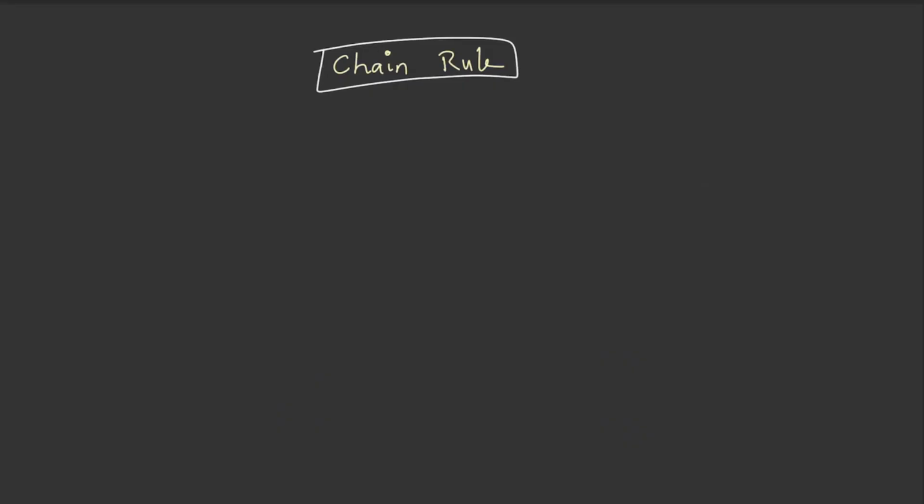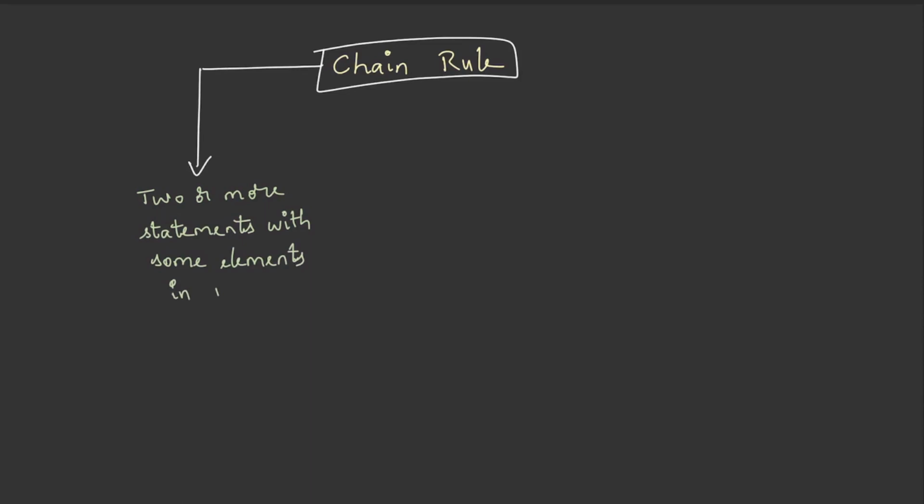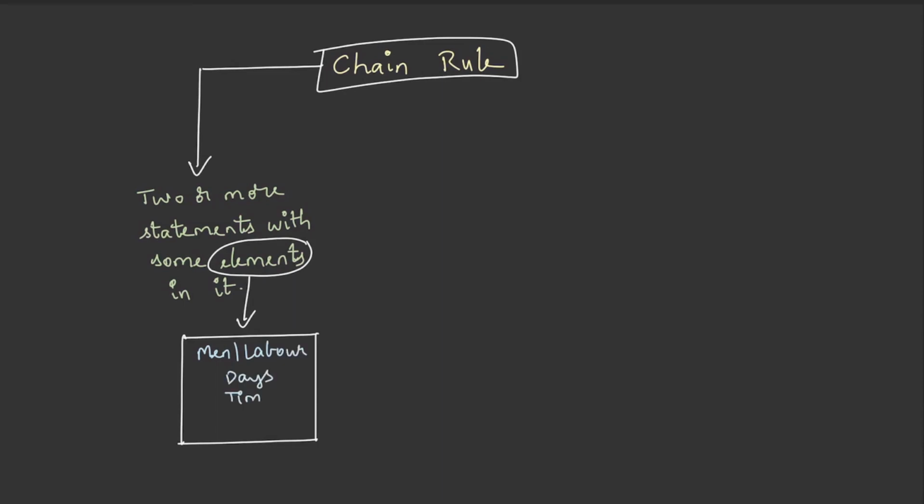The questions in chain rule usually consist of 2 or more statements with some elements in it. So what can be the elements? It might be men or labor, the number of days, the time, the work, the price, and so on.